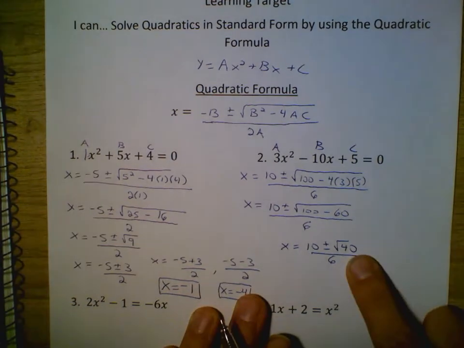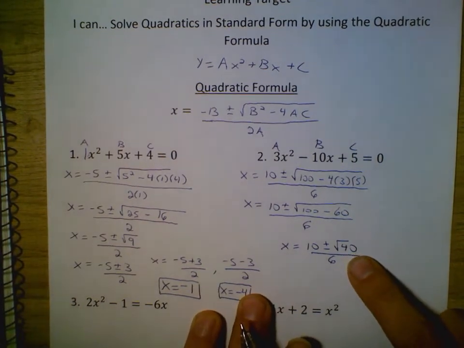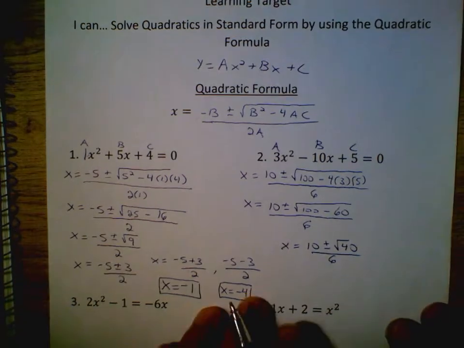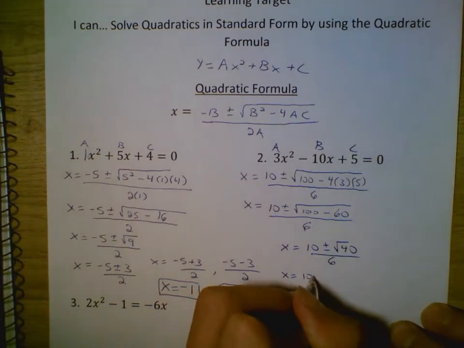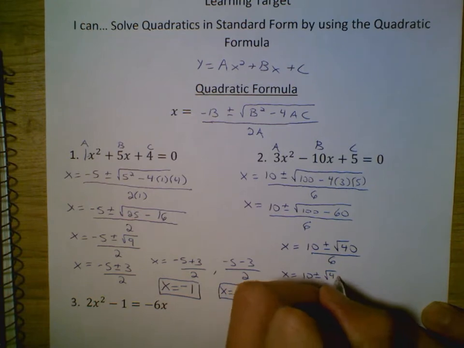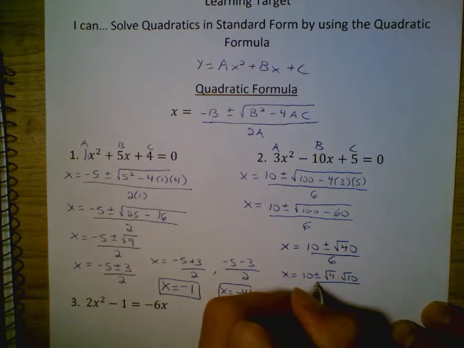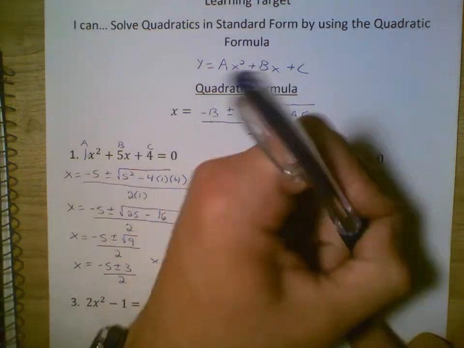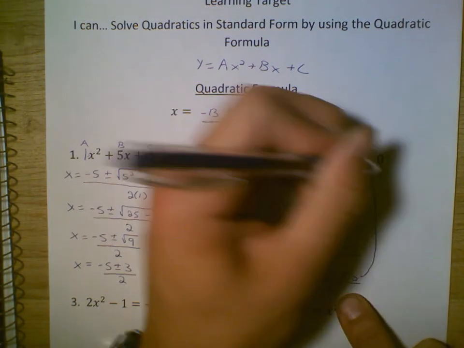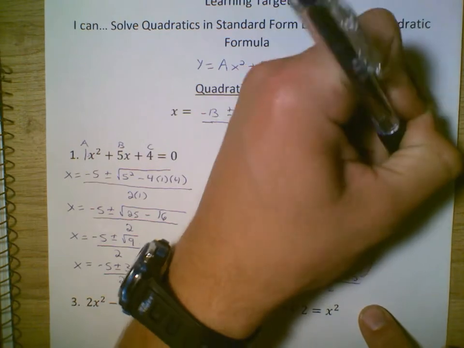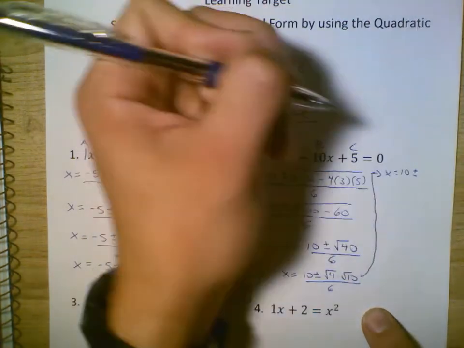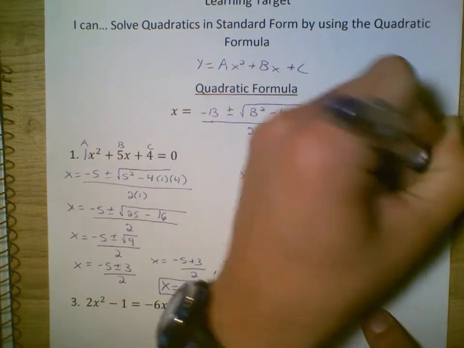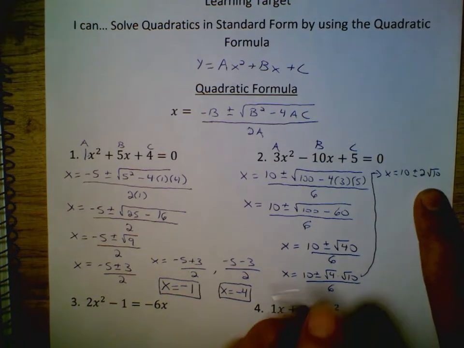And then notice that the square root of 40 has a perfect square, right? 4 goes into 40. So I can rewrite that as x equals 10 plus or minus the square root of 4 times the square root of 10 divided by 6. And the square root of 4 is really 2. So I really get x equals 10 plus or minus 2 times the square root of 10 divided by 6.